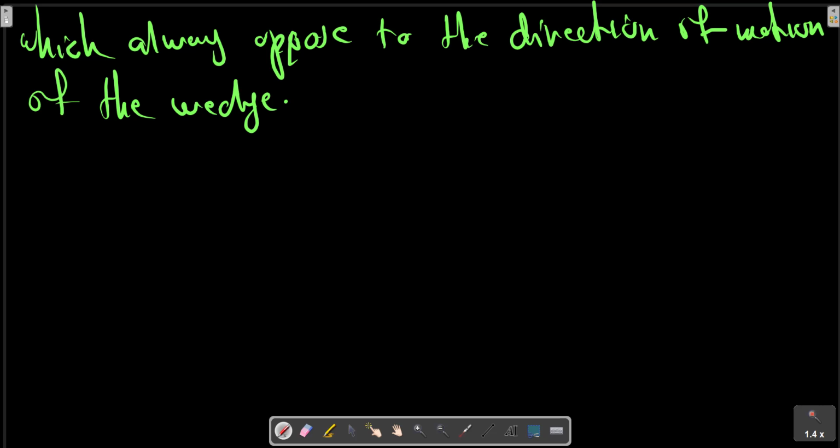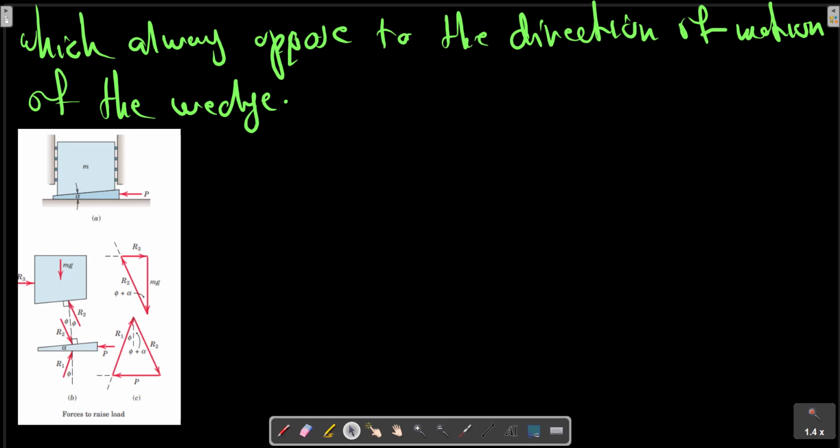This picture shows a wedge used to position or lift a large mass M, where the vertical loading is mg, as shown in the picture.